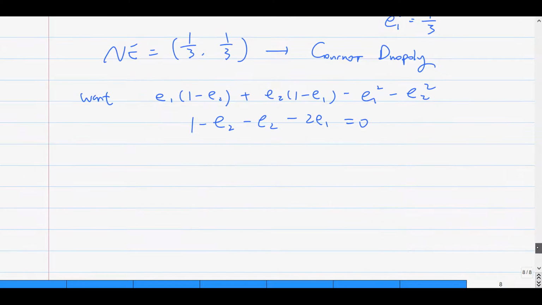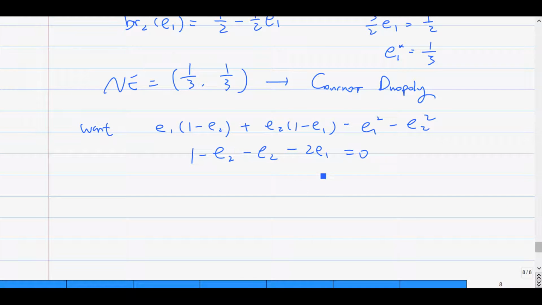So e1 is half minus e2, and similarly e2 should be half minus e1. Again, they should be symmetric, so you can substitute one into another. So e1 monopoly is equal to 1 over 4.